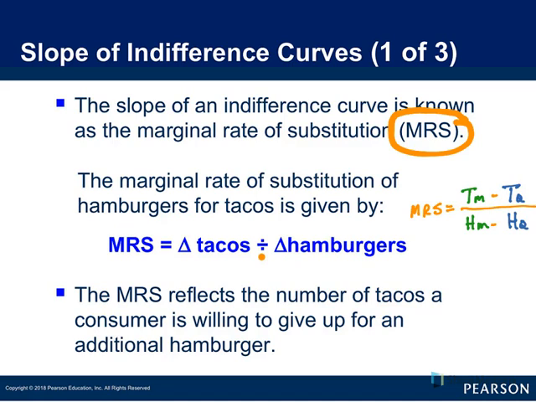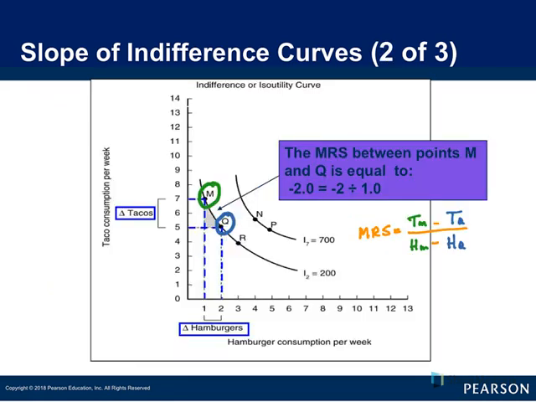Let me give you an example that will demonstrate the marginal rate of substitution. Here we have point M on the 200 isoutility curve and point Q on the isoutility curve. And so the idea behind that is if we wanted to increase 1 hamburger, how many tacos would we give up?